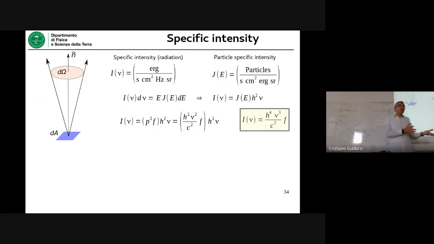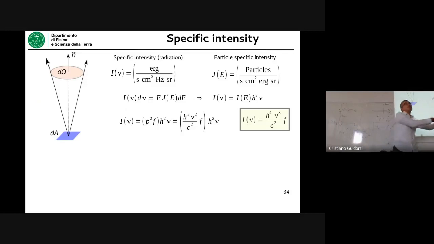Why? Well, I could describe a given process, and we will see many in the future lectures of this course. I is the result of some elementary process which produces radiation. I know the properties of this in the comoving frame of the source, where the source is at rest.